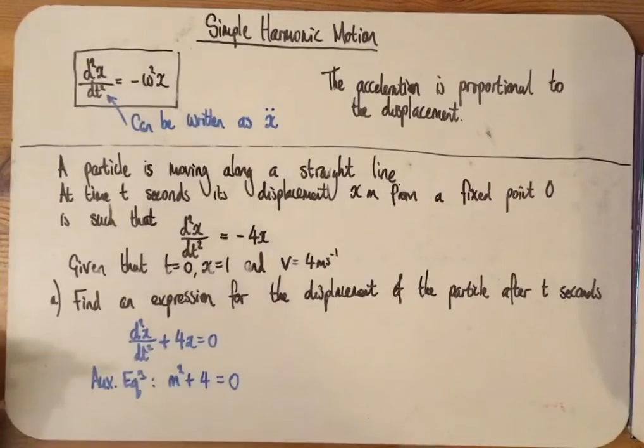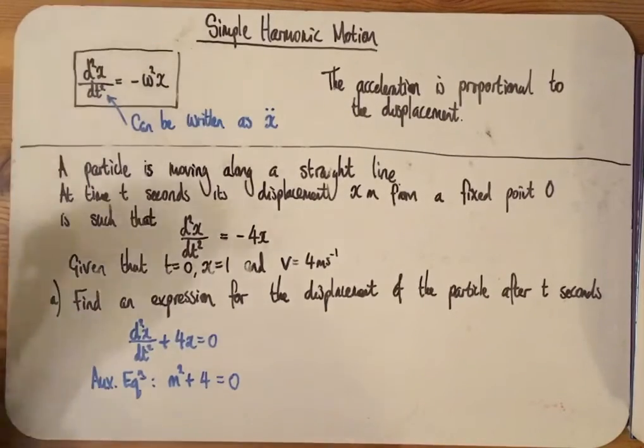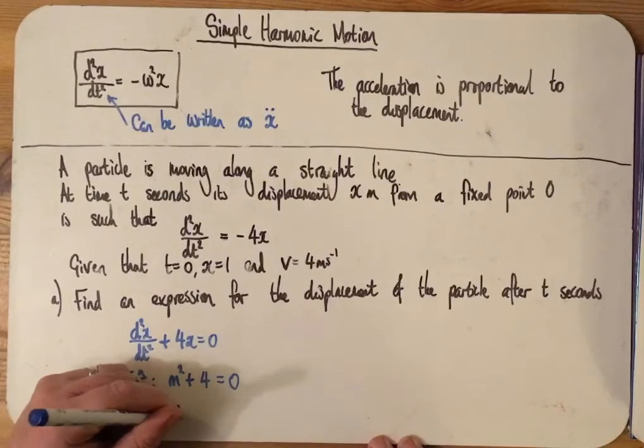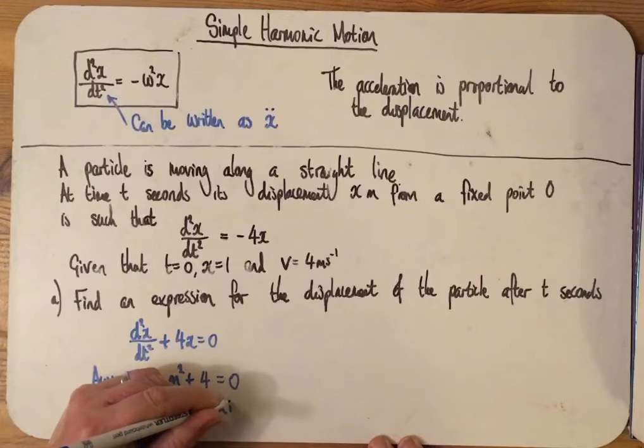And all the simple harmonic motion equations are going to come out like this, because this is a very fixed form that you're dealing with. There's the auxiliary equation, and so m is equal to plus or minus 2i.